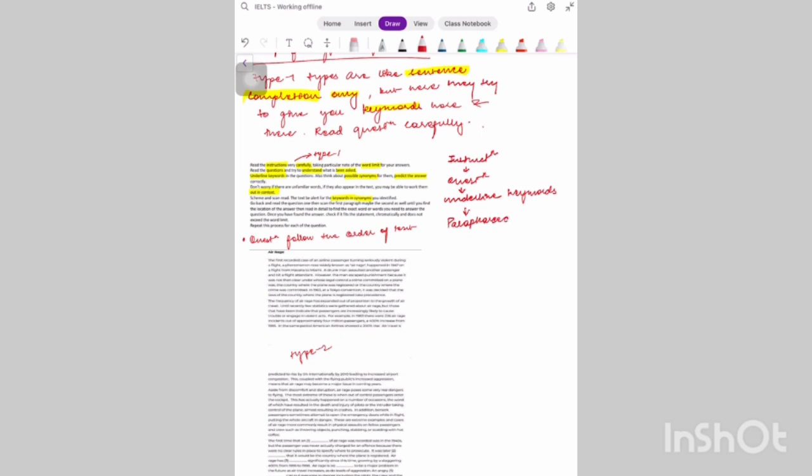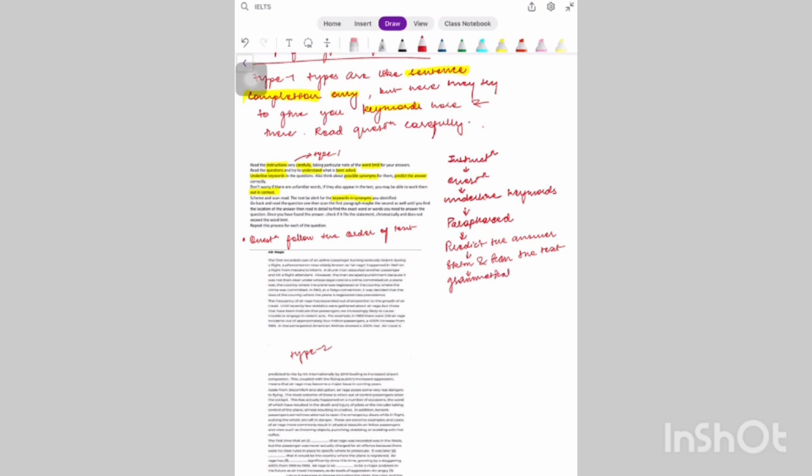Predict the answer. And then skim and scan the text. And check that it fits grammatically to your sentence or not.